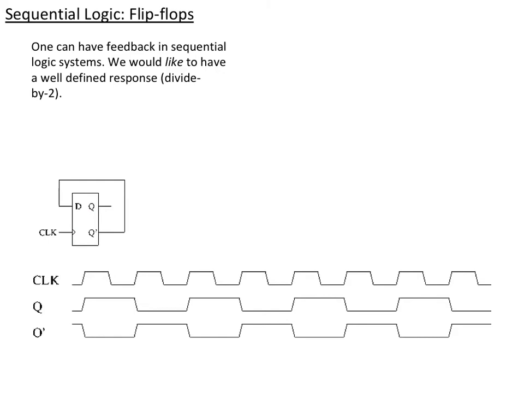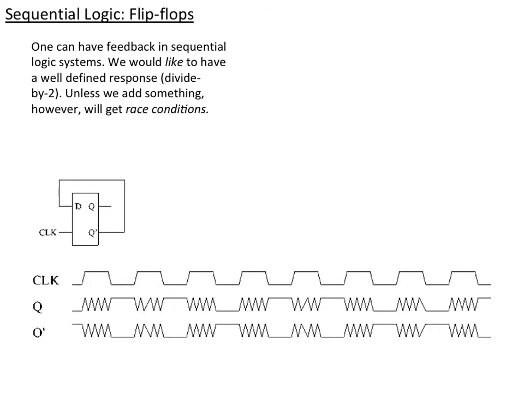Here's the clock cycle. Before I was 0, and so Q bar is 1, I take Q bar as 1, and I turn Q to 1. And then on the next clock pulse, I have a 0 here, so I bring the state to 0.